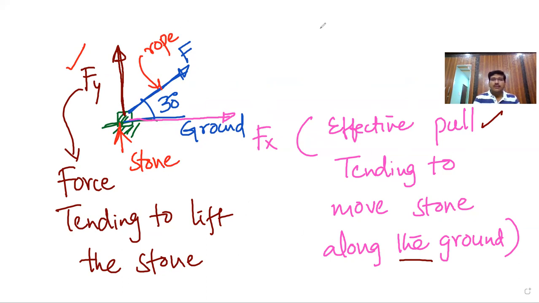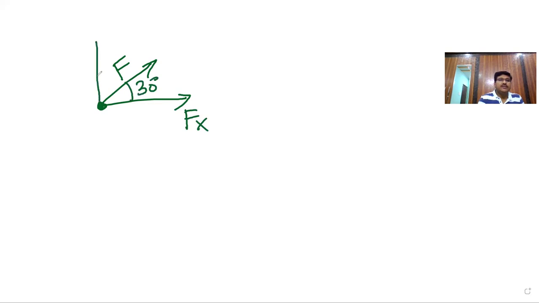Now, let us solve this question. Observe. This is the stone. This is the force F. This is Fx. This is theta, 30 degrees. This is Fy. Clear? Now, what is the horizontal component? The horizontal component is adjacent to the 30 degrees, so it becomes cos.